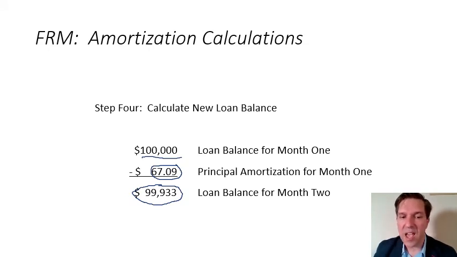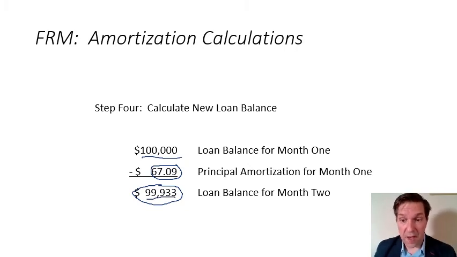Now I start with $99,933, right? Actually 32.92, not 91, you get the point. I'm just rounding here. But if you want to be precise, don't round, just point in Excel to the previous cell. That way you don't make any rounding error, okay?